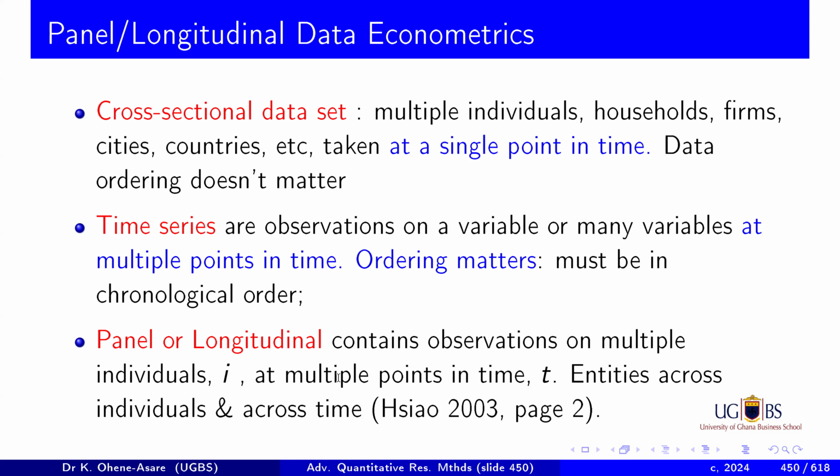So if you take something like inflation alone, you can look at inflation in 1950, 51, 52, up to 2025. In this case, it's a single variable that you're looking at over multiple time periods.